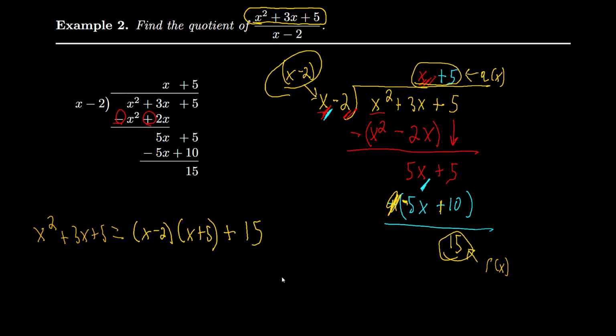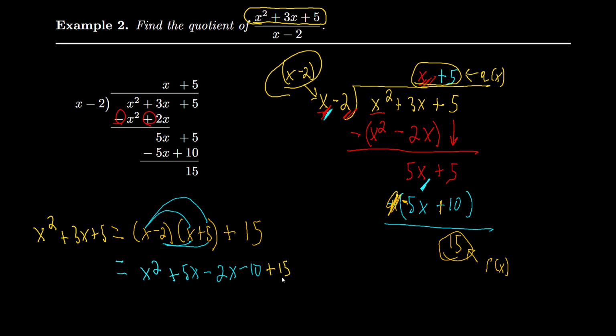If you don't believe me, which you might not, you might be like, that seems like wizardry. Well, look, I'm just going to do the math on this. Let's FOIL this out. X times x is x squared. X times plus 5 is plus 5x. This is minus 2x minus 10. And then it's still got the plus 15 from the original thing on here.